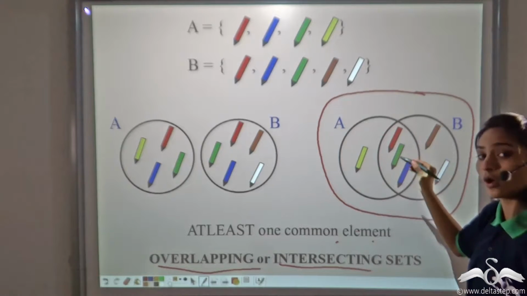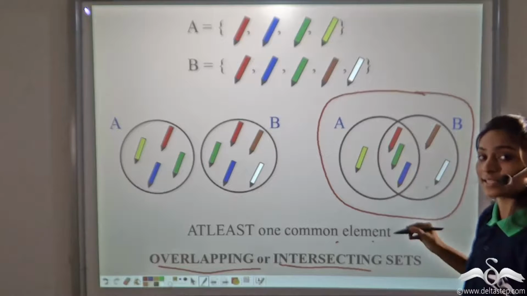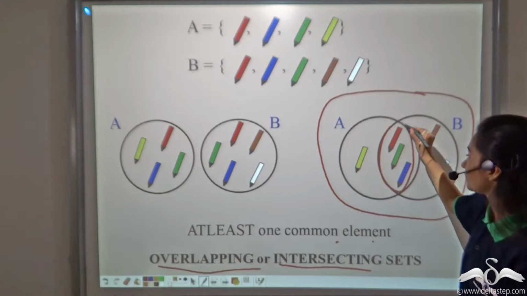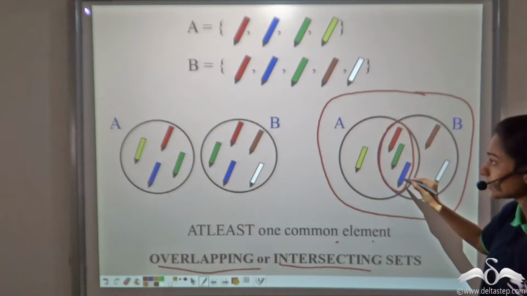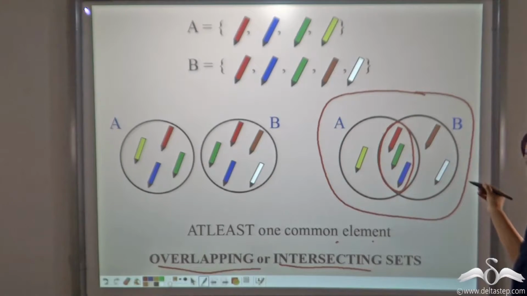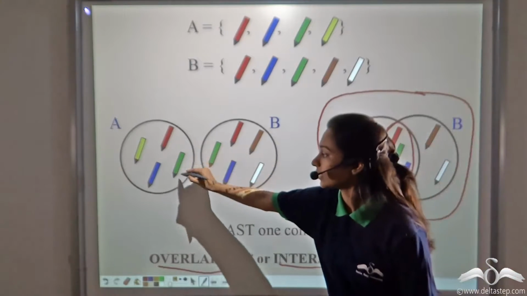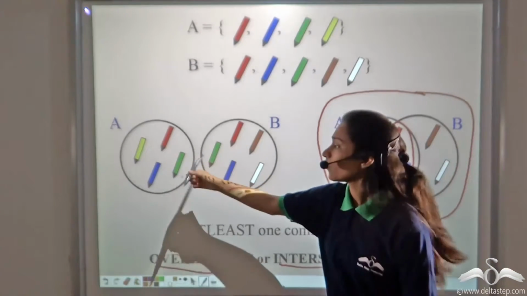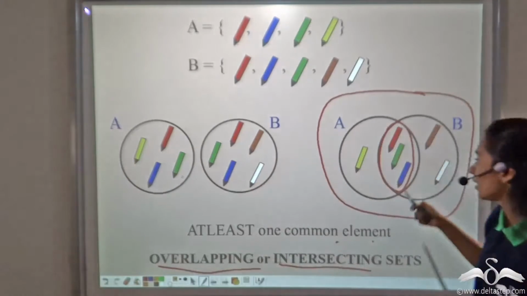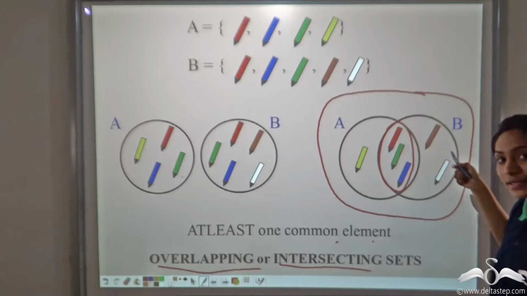They are also called intersecting sets because they are intersecting at this point, where these three pens belong to set A and also to set B. So instead of representing these sets in this way, where we have to write these three pens again in both the sets, we can represent it better in this way.